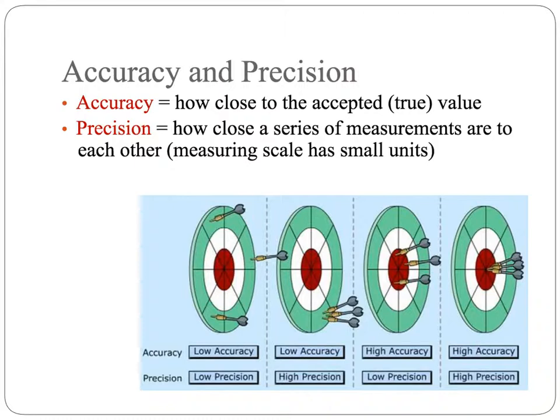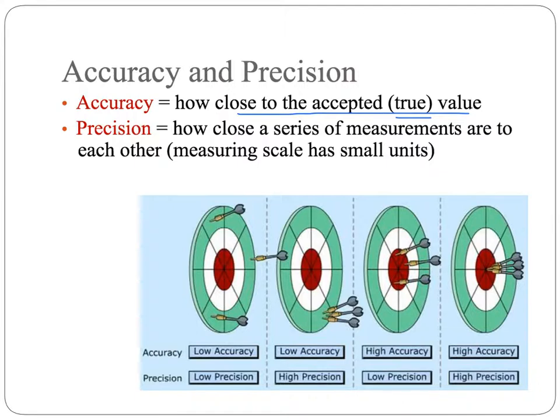Accuracy reflects how close the measurement is to the accepted value or the true value. What is the real amount for how long something is, how much mass something has, how much volume is in a particular fluid. How close your measurement is to what the true value is reflects how accurate you are.